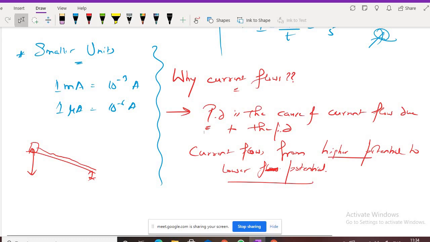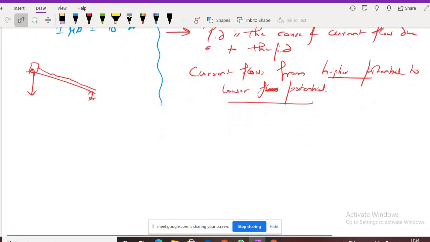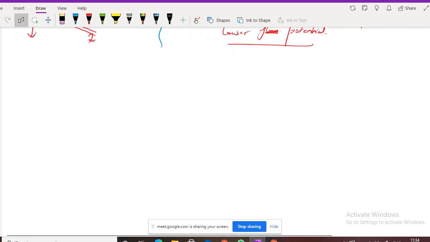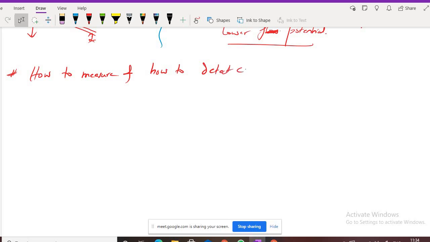Okay, all right, this much. So I have told you regarding current. Now you should know how to measure current and how to detect current.